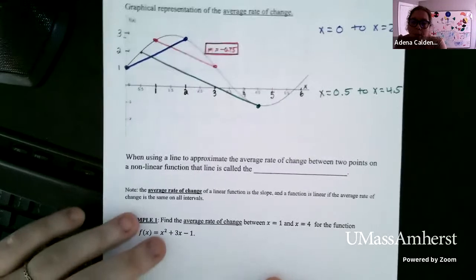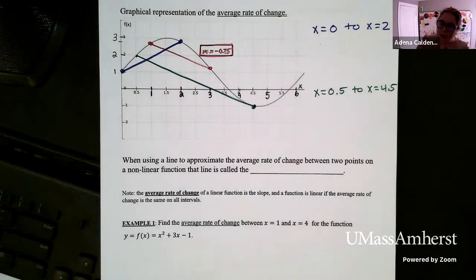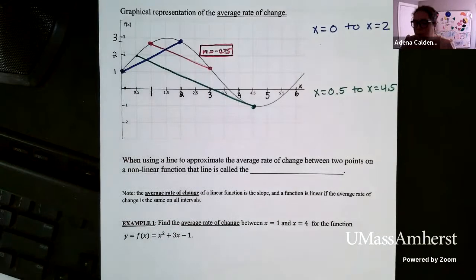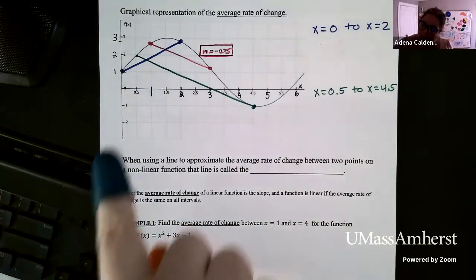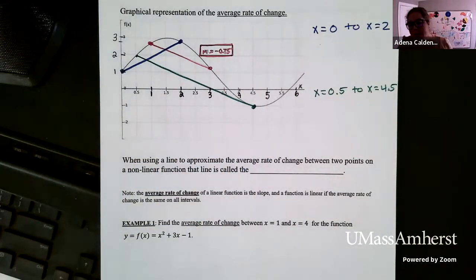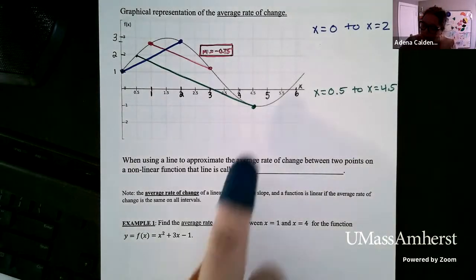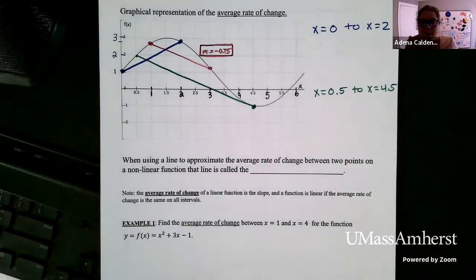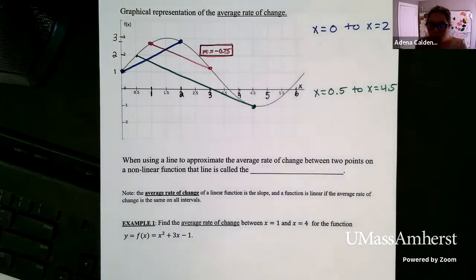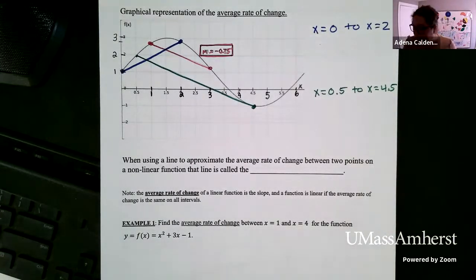Okay, so what I would like you to do is take 2 minutes and see if you can approximate what the slope of the line's going to be between 0 and 2, and also between 0.5 and 4.5. We're expecting the 0, 2 to have a positive outcome, and I'm expecting the second one to have a negative slope. Okay, so again, change in y over change in x, so you're approximating the values. They don't have to be perfect, right, because it's an approximation, but we should end up in the same ballpark once we go through it. So take about 2 minutes. The TAs will walk around if you have any questions, and then we'll go through it together.